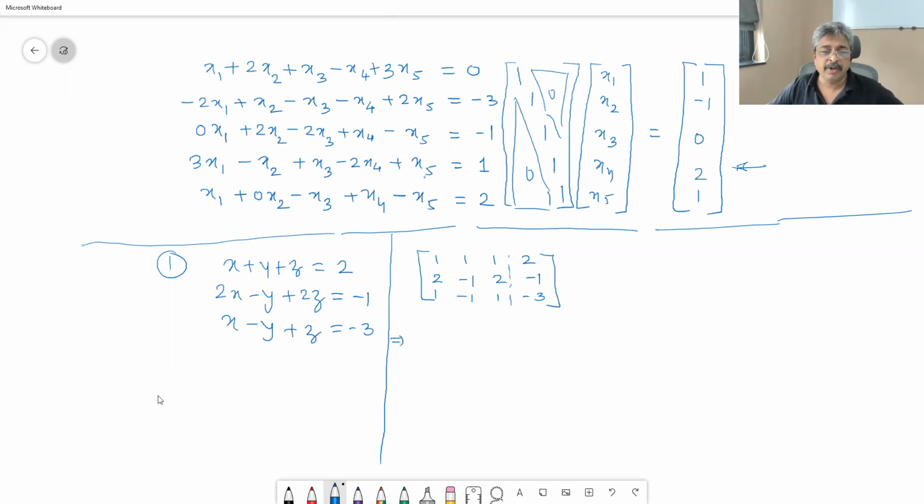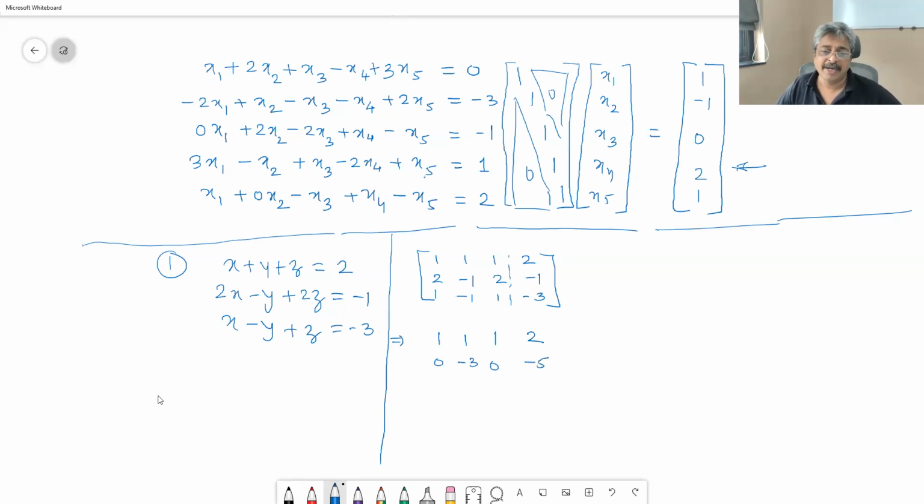Now very quickly we will do this. 1, 1, 1, 2. If I want to make this 0, that means I am subtracting 2 times row 1 from row 2. 2 minus 2 is 0, minus 1 minus 2 is minus 3, 2 minus 2 is 0, minus 1 minus 4 is minus 5.